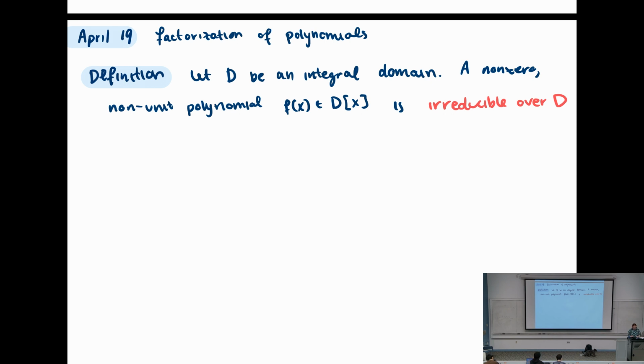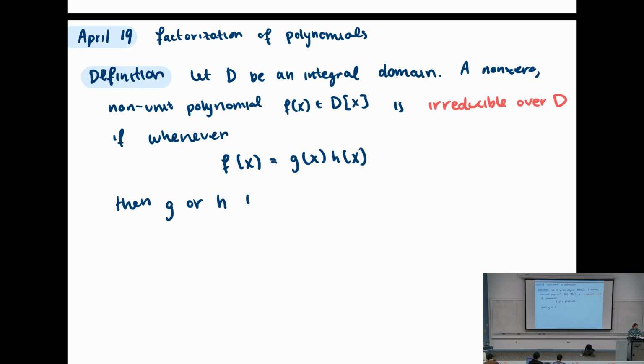If anytime you write f as a product of two polynomials, G and H, then either G or H is a unit in D[x].